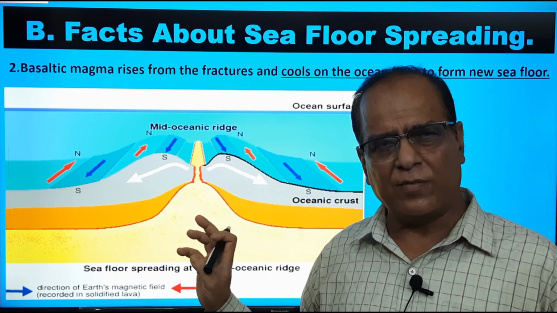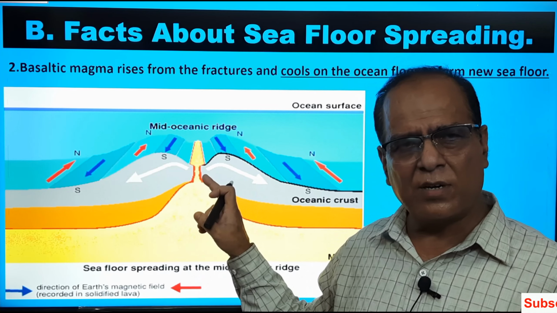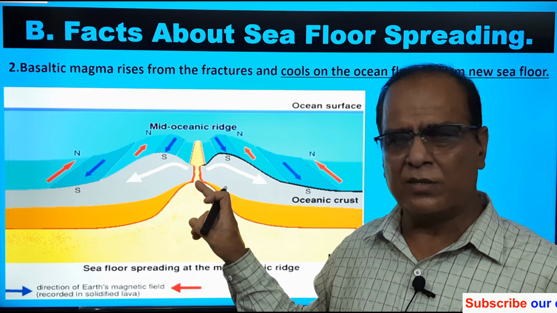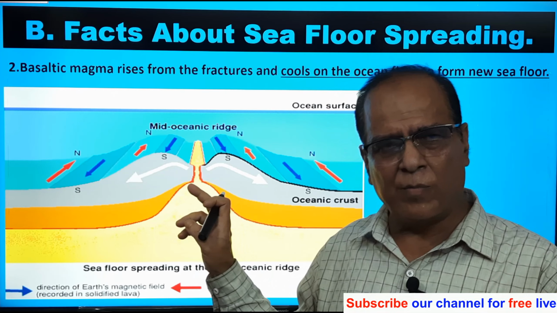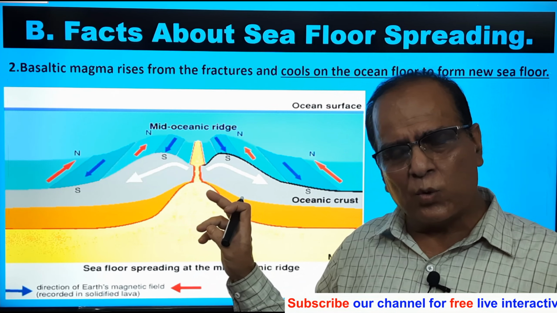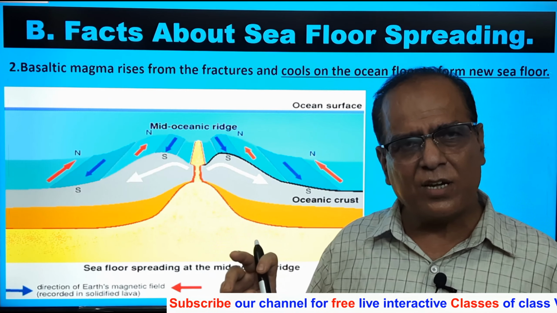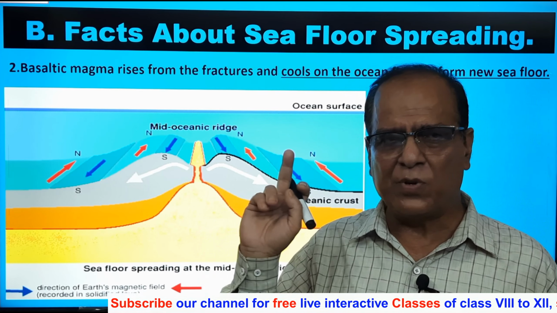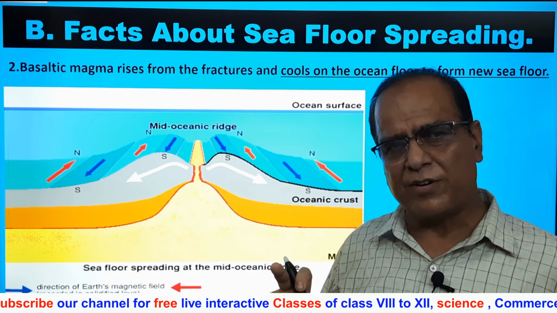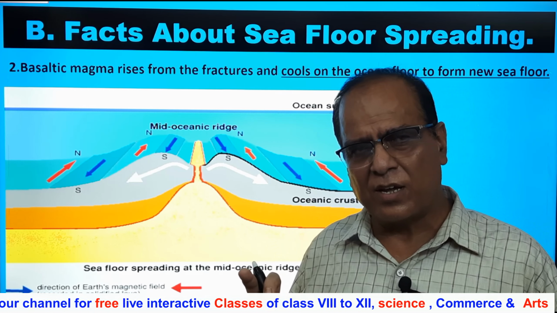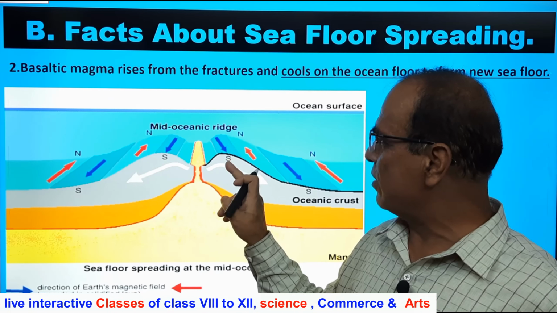Remember one more thing, very notably I must quote here, that when magmatic materials come in here, they have some iron containing materials, and those iron containing materials would be capturing the magnetic field prevailing at that point in time. So the magnetic pole would get registered, captured here.